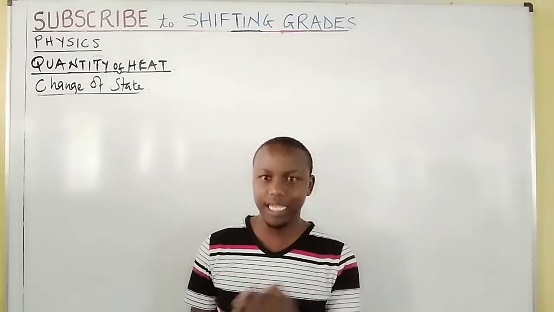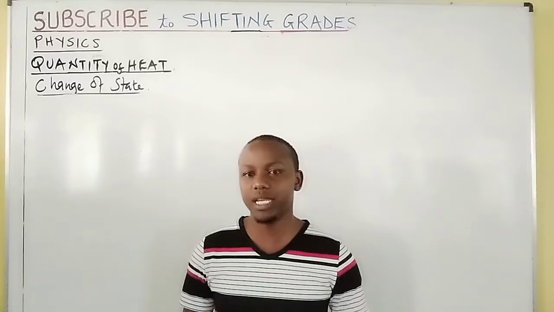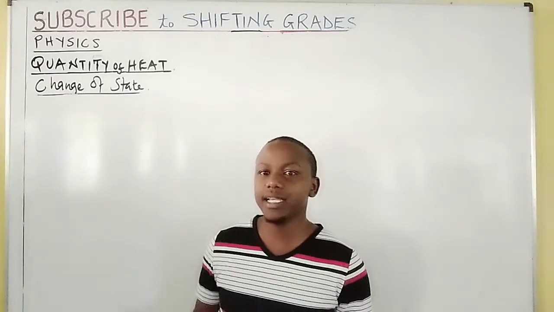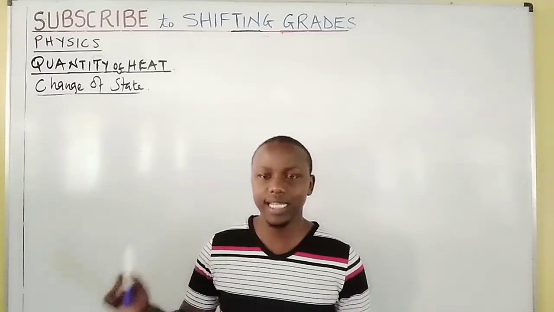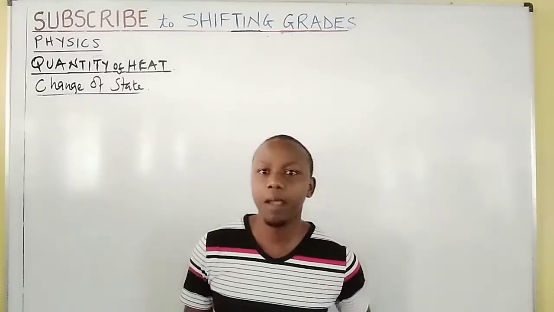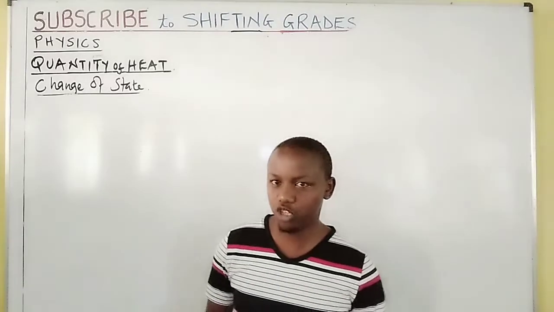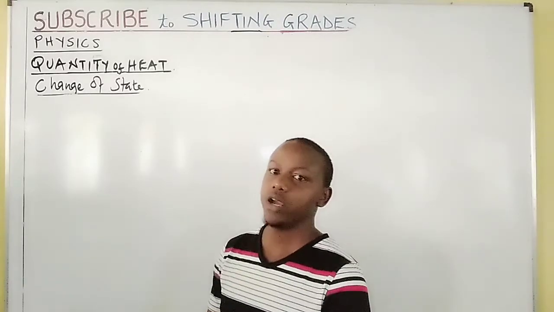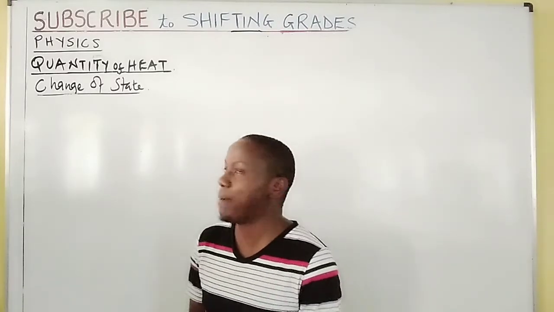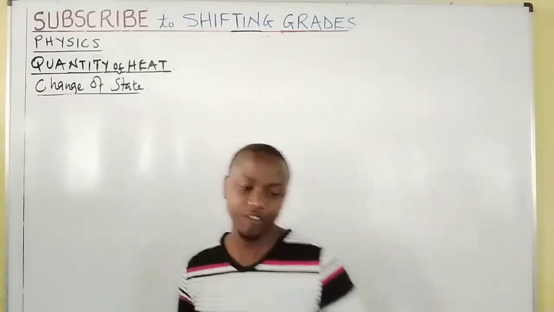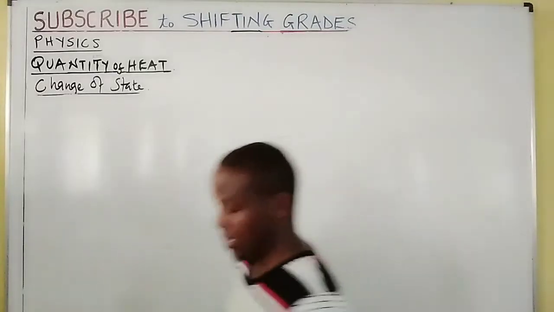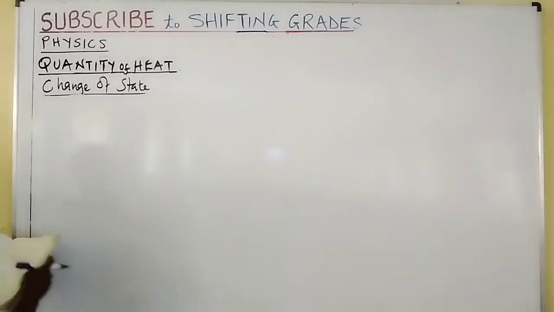But in this topic, we will be checking the same thing, latent heat of vaporization, but now using the electrical method. So under the electrical method, this is what we do. The necessary apparatus are arranged as follows in the experiment to determine latent heat of vaporization.